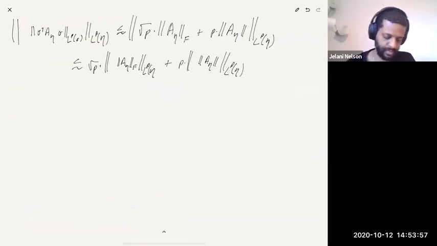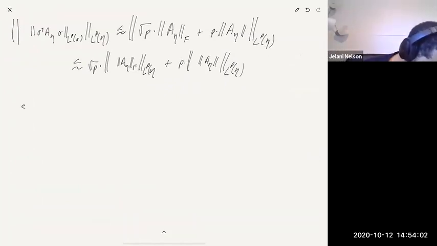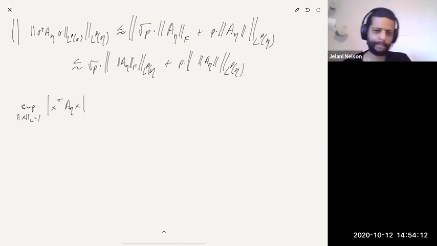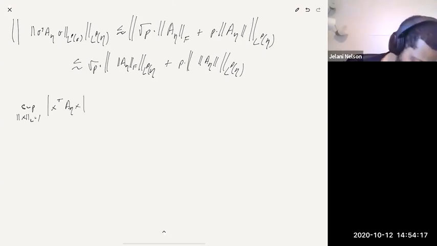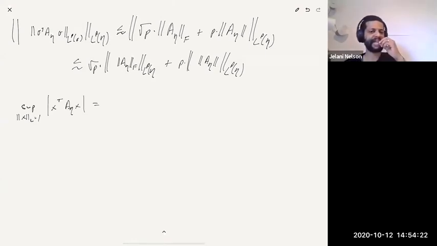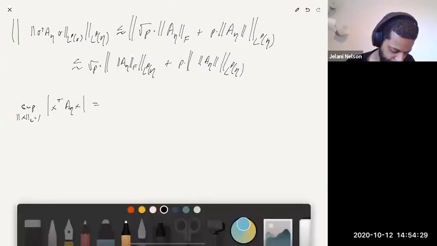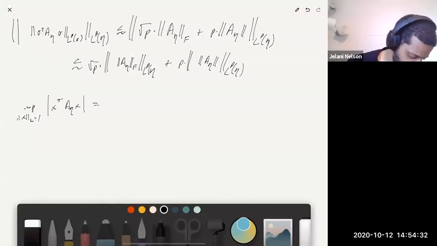So the sup over all x of unit norm of x transpose A eta x is equal to... actually, how do I want to say it? Let's just write this. This, I think, will be even easier.